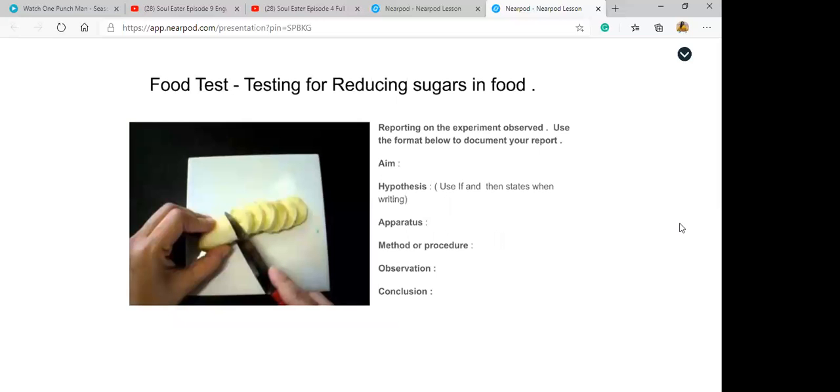Food test. Testing for reducing sugar in food. All right, now there will be a video that you'll be watching.